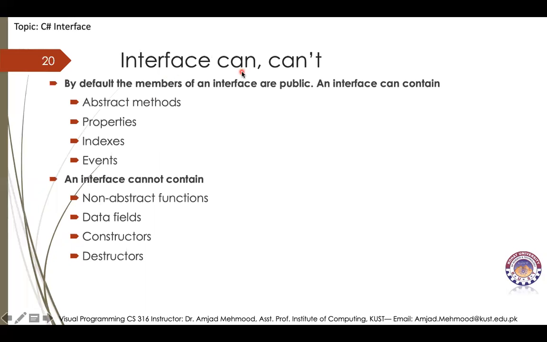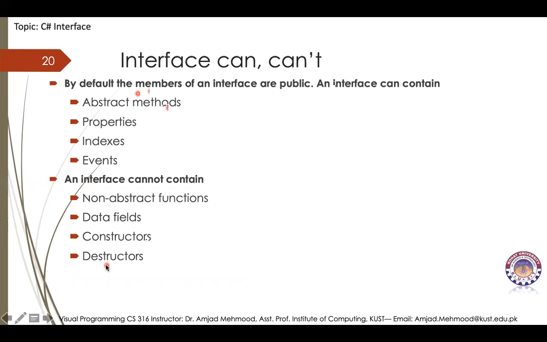Interfaces: what interfaces can do and what they can't. By default, the members of an interface are public, and interfaces can contain abstract methods, properties, indexers, and events. These are the things which can be contained by interfaces. Interfaces cannot contain non-abstract methods, data fields, constructors, and destructors.